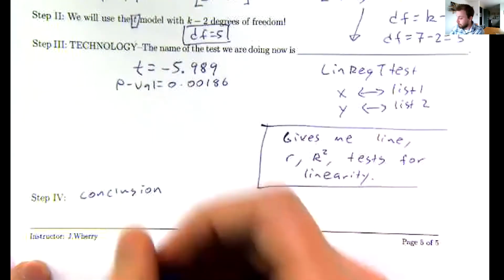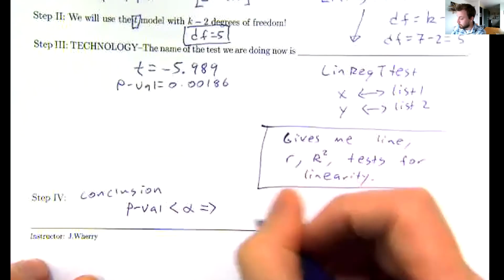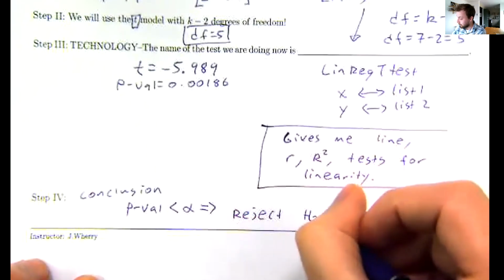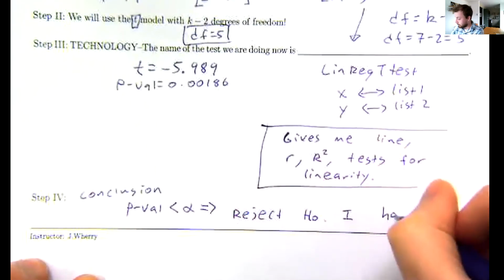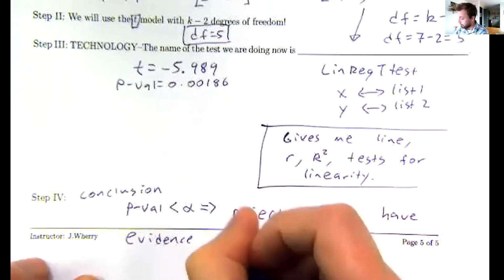Conclusion, my p-value is low. If my p-value is low, the null must go. I reject the null hypothesis. I have evidence of a linear relationship.